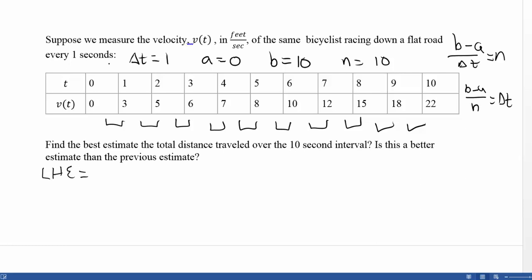Okay, so our first estimate, we're considering what happens between 0 and 1 seconds, and we're going to pick the rate on the left for each one.